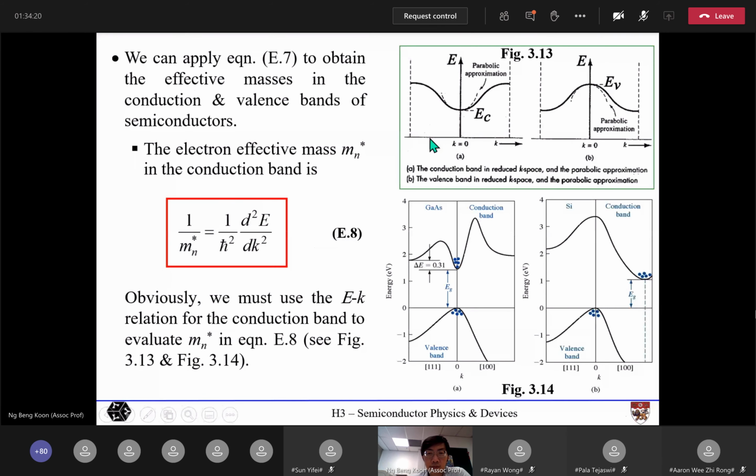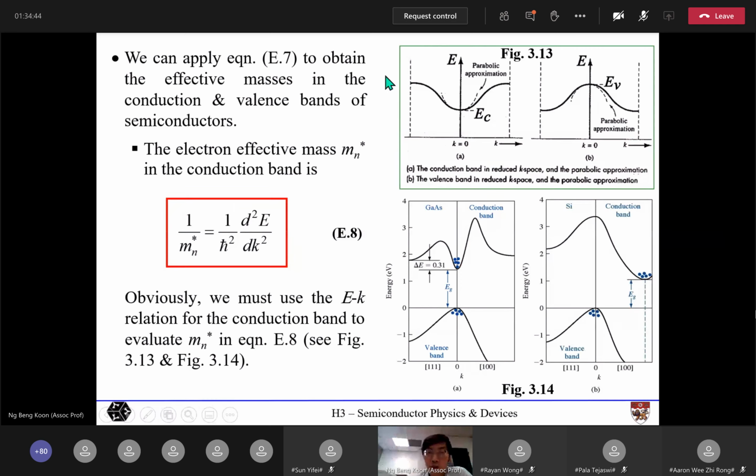So in the case of an electron in a semiconductor, remember we said that the E-k diagram is approximately parabolic at the conduction band edge and the valence band edge. If it's parabolic, we can use the derivative definition we mentioned earlier, because we derived it based on the assumption that the E-k relation is parabolic.